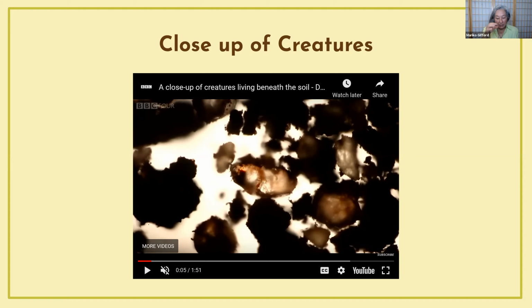And also when you're looking down into that scope, you're seeing what's called the depth of field. And that is the dimension of the water that's between the slide cover and the slide. So you'll see sometimes they'll zoom out and in and things will come into focus and go out of focus. That's what they're doing.